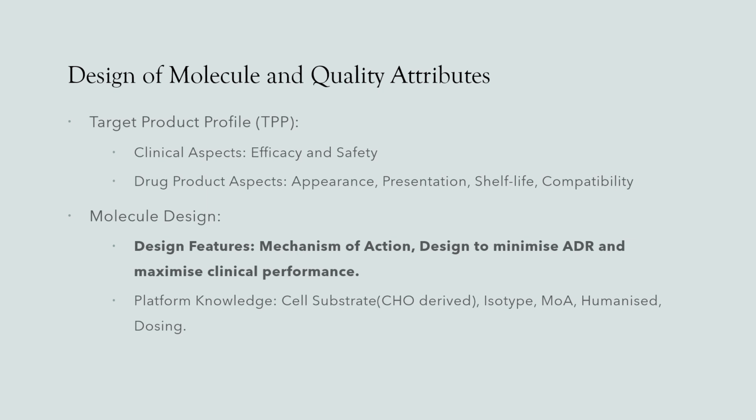So the quality attributes that are necessary, or the properties or characteristics of the molecule that are necessary for this intended use, you can gain an understanding of from the platform knowledge that you have and the scientific knowledge that you have. You can include design features related to your mechanism of action and design the actual molecule itself to minimize ADR, adverse drug reaction, and to maximize your clinical performance in use.